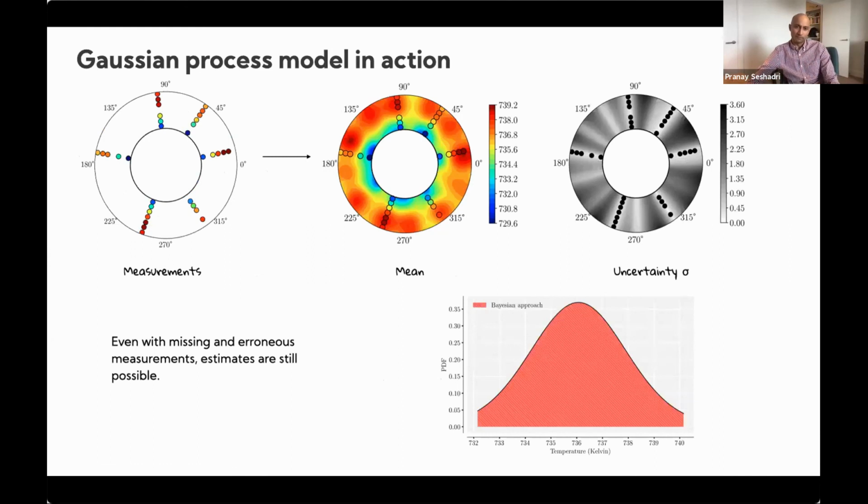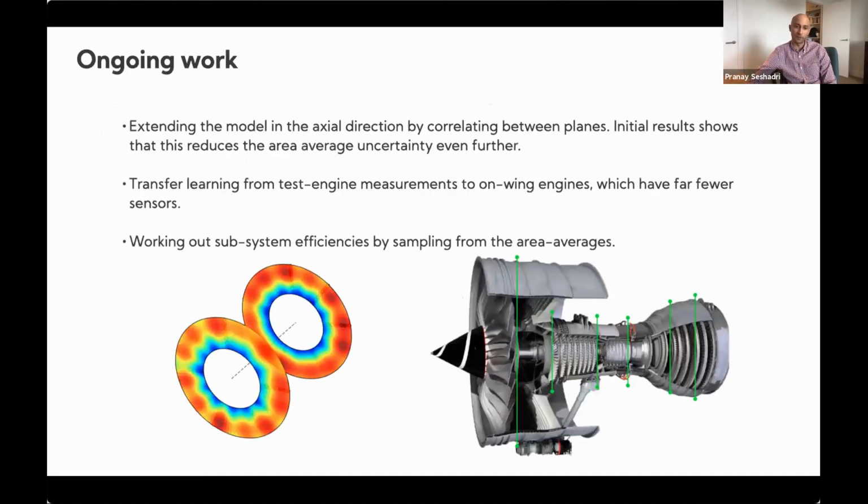Another advantage of Gaussian process modeling is that it's fairly robust. Even if you have missing or anomalous measurements, you're able to quickly negotiate that, and you'll still get a spatial distribution for temperature and consequently its area average.